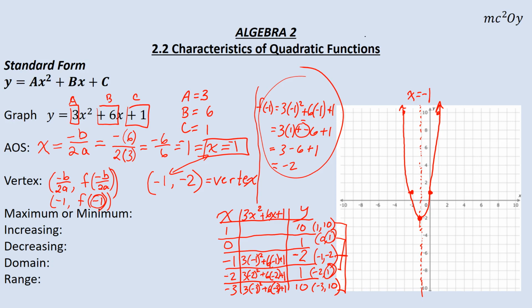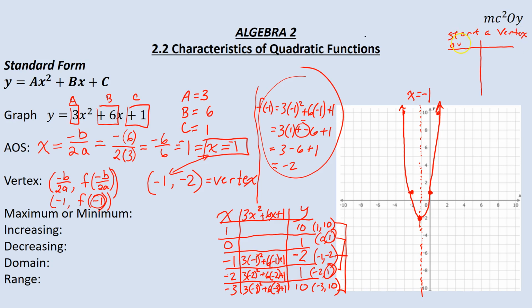All right, I've created its table of values. The other way to graph, just really quick, let me show you a quick shortcut. When you're graphing quadratics, if you start at the vertex, I'm just going to write it up here real quick. Start at the vertex.